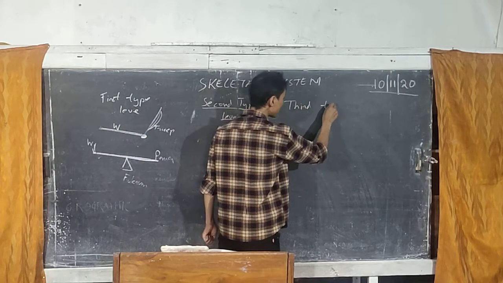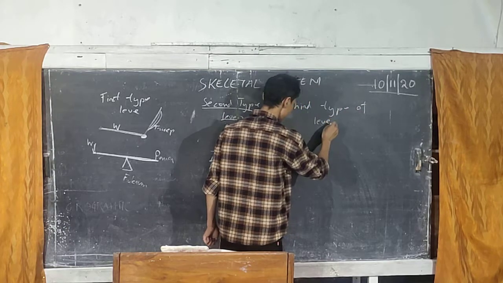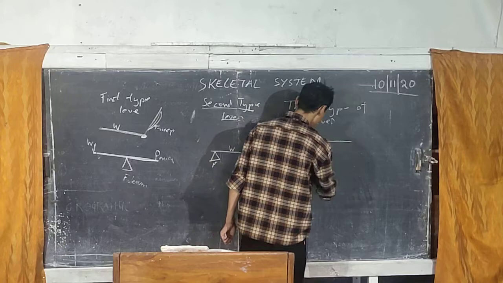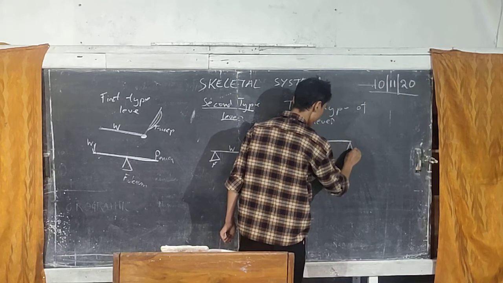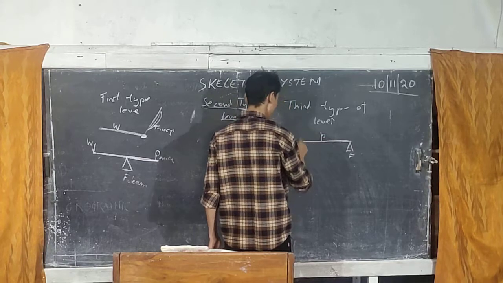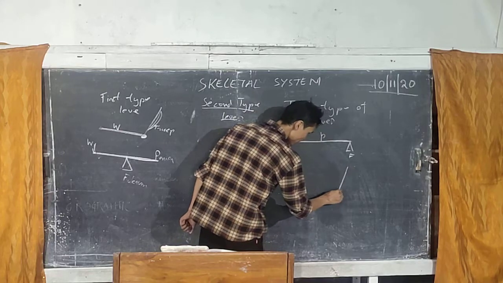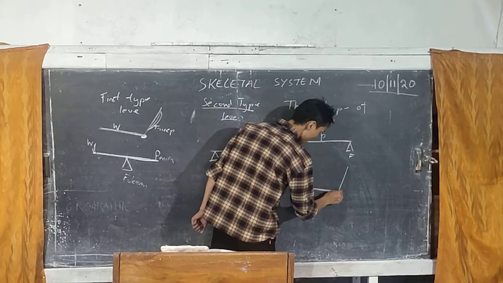The third type of lever is one in which the fulcrum is at one end, power is in the middle, and the weight is at the other end. Again, such an example is found in the arm.